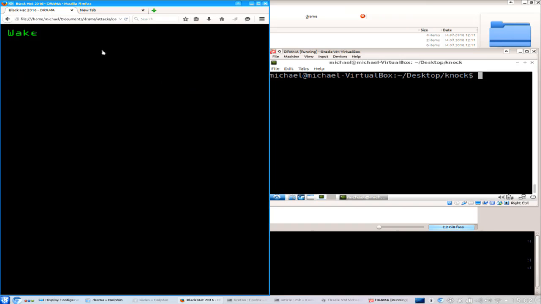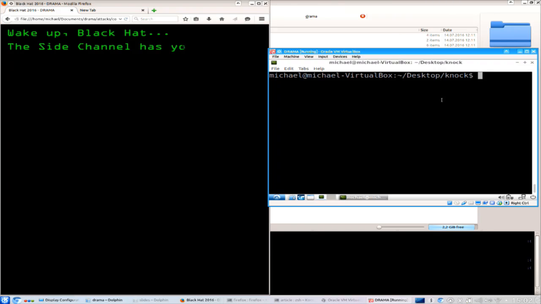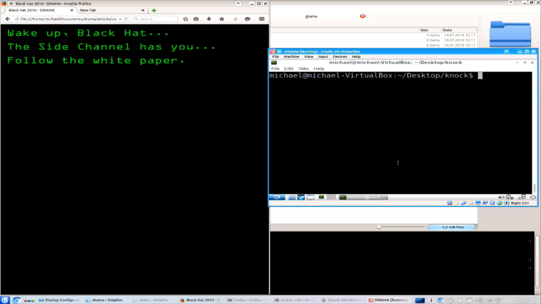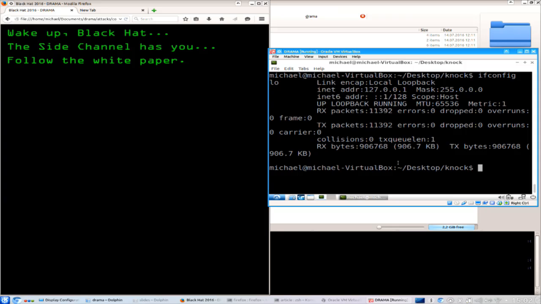Yeah, it's switched. So what we can see here now is we have a virtual machine on the right side running a normal Linux operating system with a shell in here, and I can show you we don't have any access to the internet. We only have the loopback adapter, no internet connection. On the left side we have Firefox running on our host system, and that is of course connected to the internet.